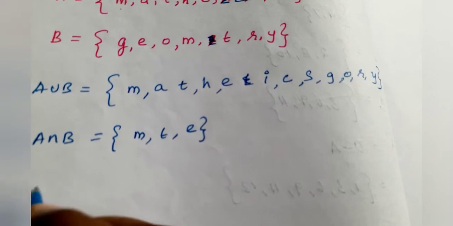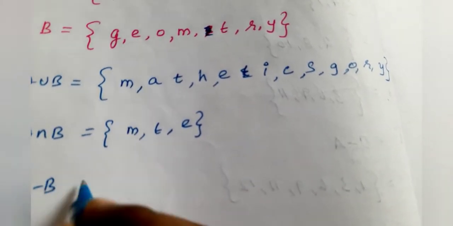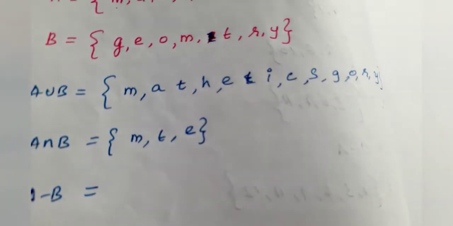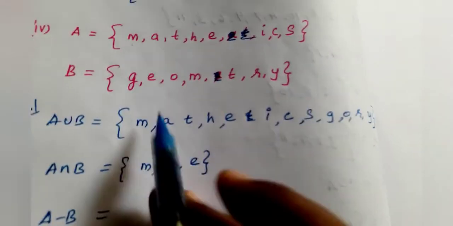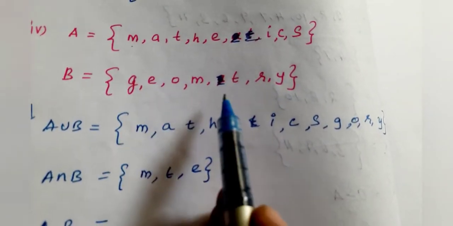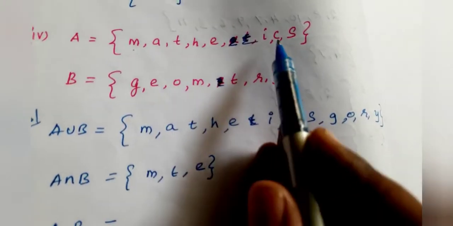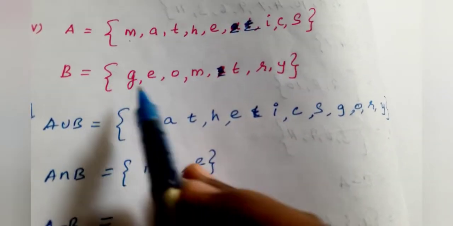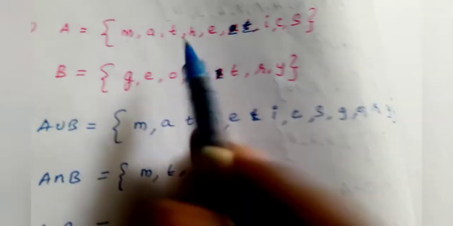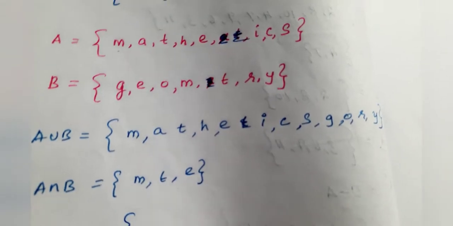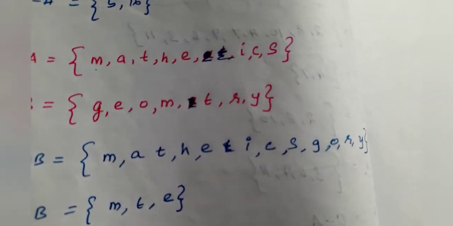Now we shall move to A minus B. Just remove the elements of set B and the common elements of A and B, and then write only the A set. So M is repeating, so no need to write.